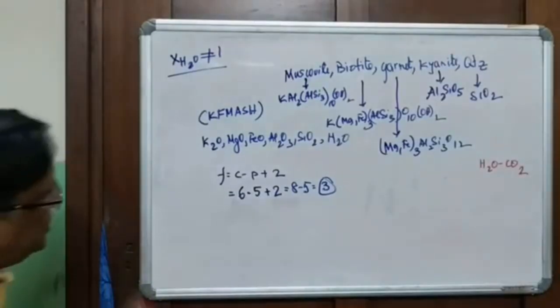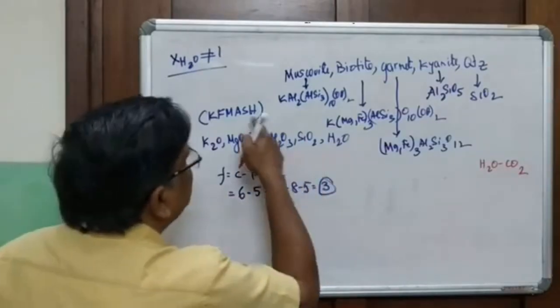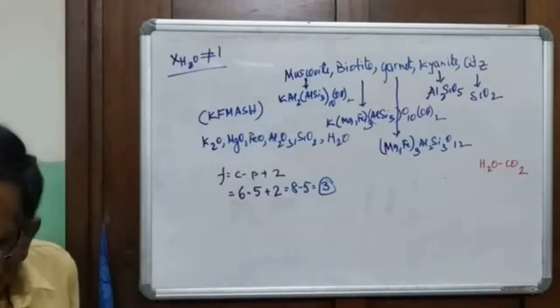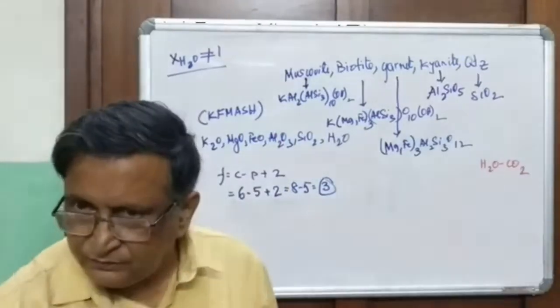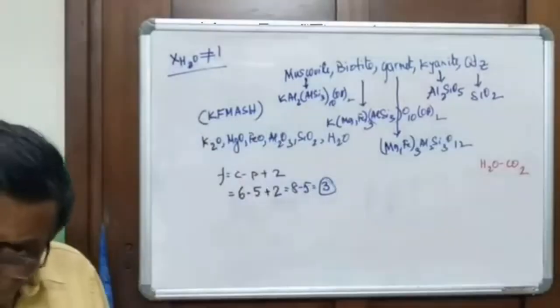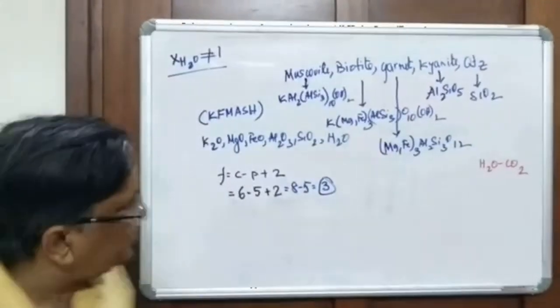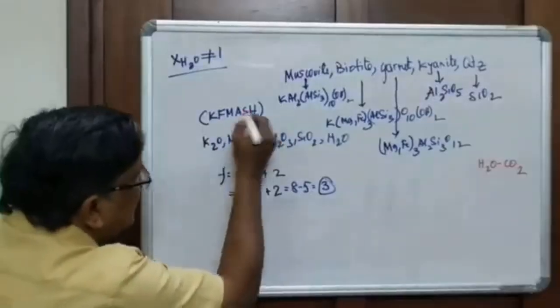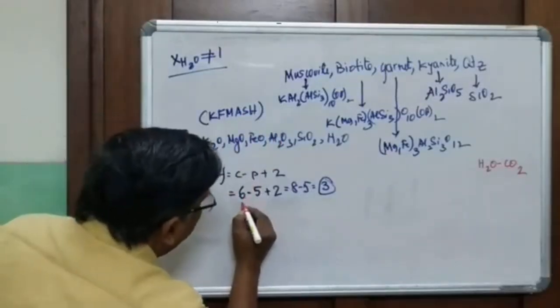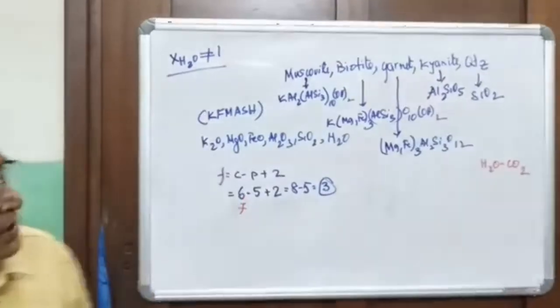Very catchy. I will erase it, but just for the caution. Your system components would have added CO2. Yes or no? Because I am saying that my fluid has H2O-CO2. So in your system components, you have to add one more here. So this would have been 7 components, plus CO2.